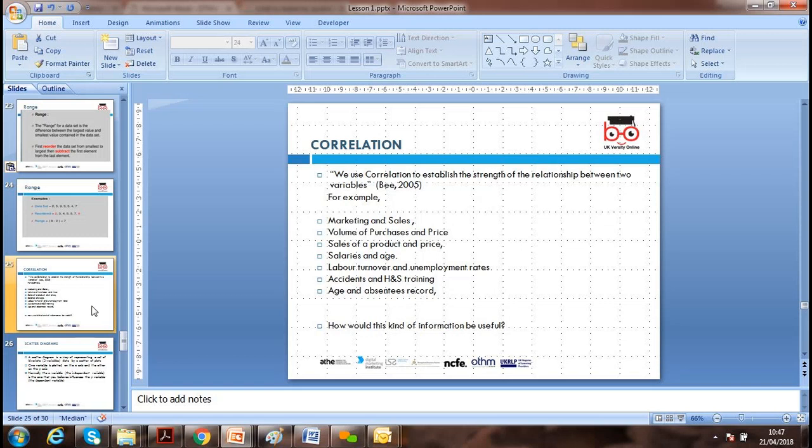Sales of a product and the price could be linked: if the price drops, sales could increase. Salaries and age: is there any correlation? Do higher-aged people earn more, or do youngsters earn more?